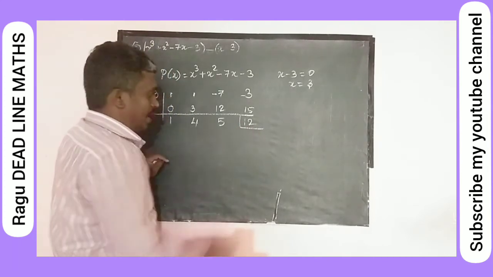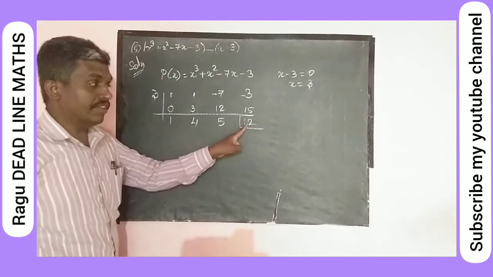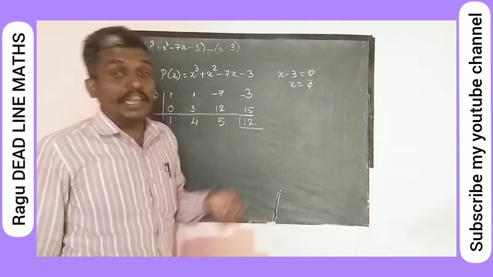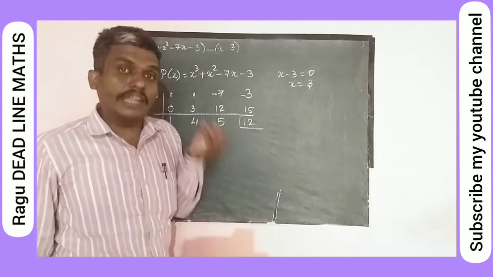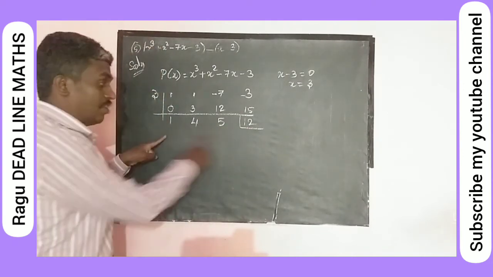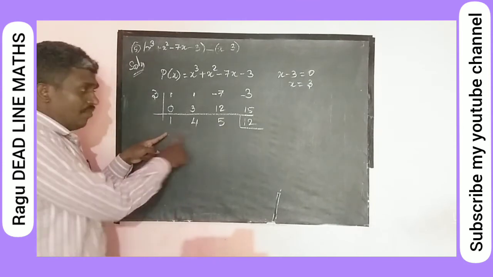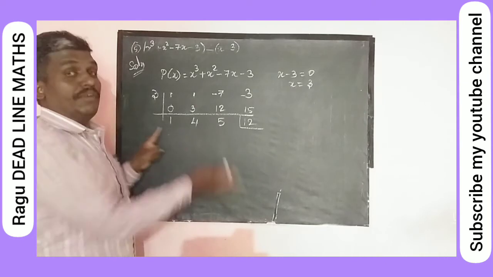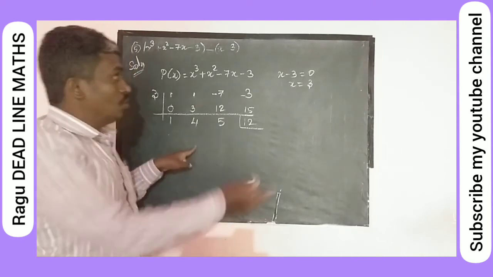So this is the remainder. The question is find the quotient and remainder using synthetic division. So we find the remainder, then the quotient. From these coefficients, we will convert into the equation. How to convert it?